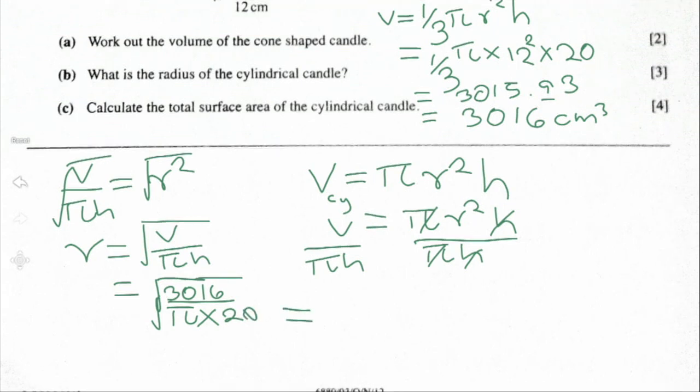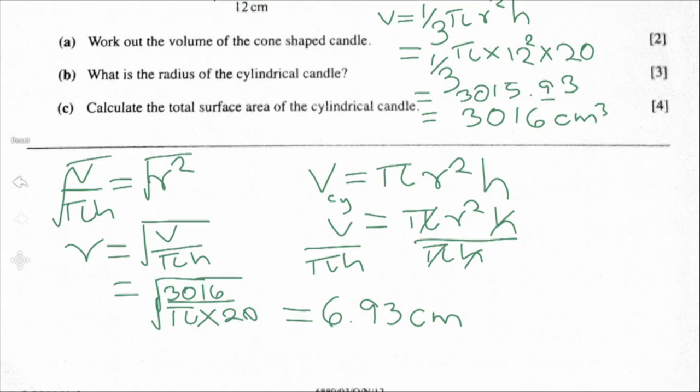If you work out this square root, it's the square root of 3016 divided by pi times 20. That will be 6.93 centimeters. So that's the radius here.